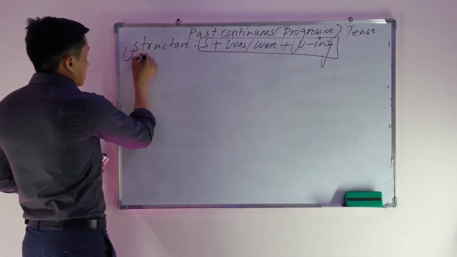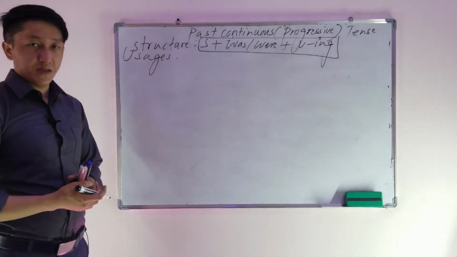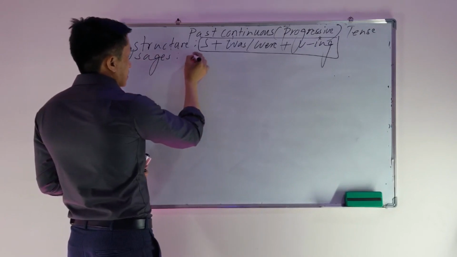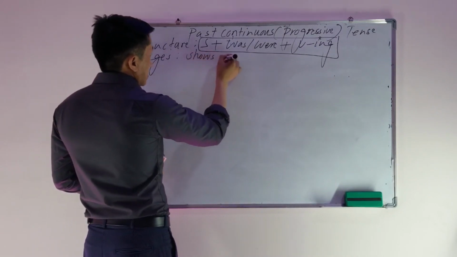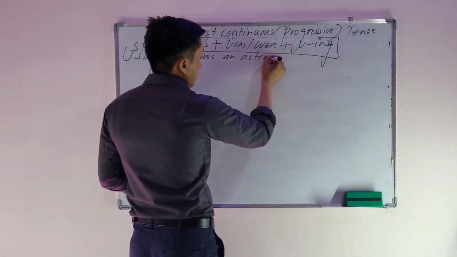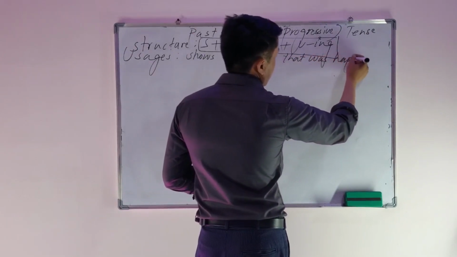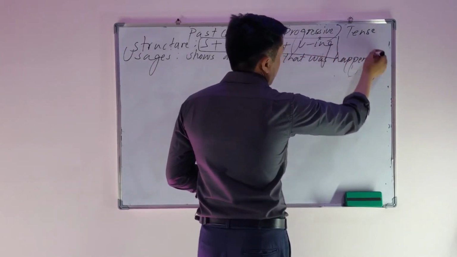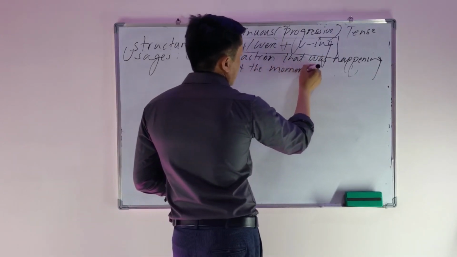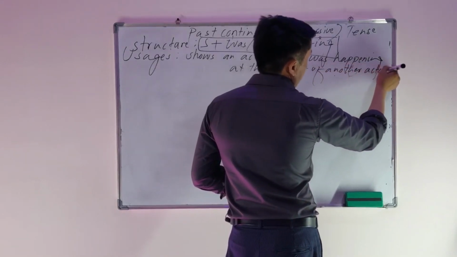So let's discuss the usages of past continuous tense. What is the definition? When do we use past continuous tense? Past continuous tense, actually, shows an action that was happening at the moment of another action in the past.